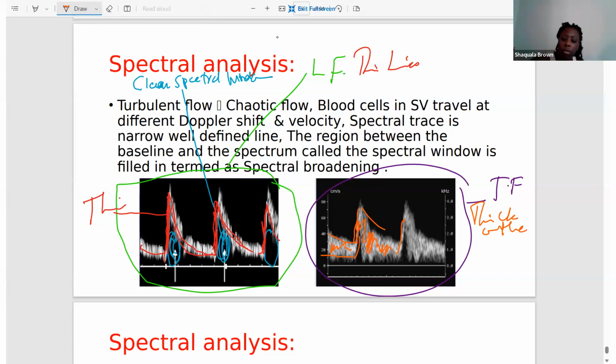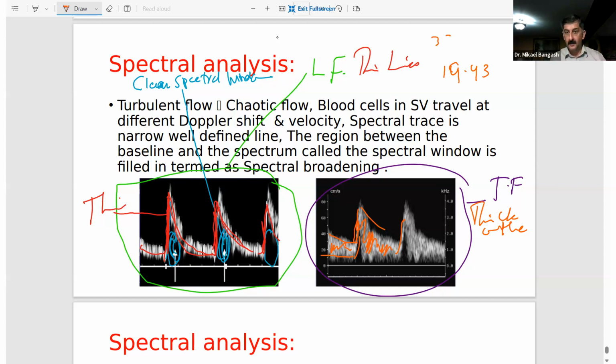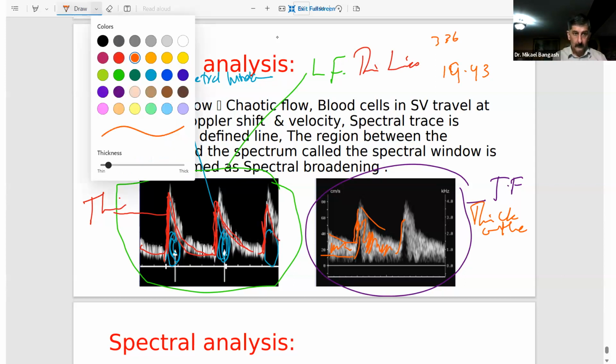Good. Although not shown in this picture here, if you look at figure 19.43 in your book on page 336, what you also will see is the spectral window.